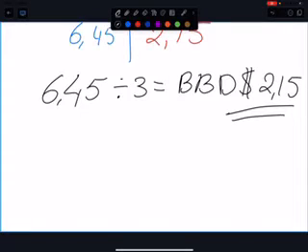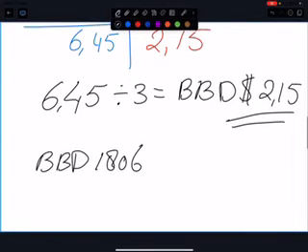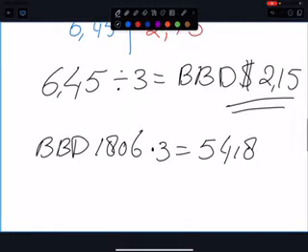So you have your Barbados dollars, which is 1806. The first thing is you go to Trinidad and Tobago dollars. The first step you do, you multiply with 3. That answer becomes 5418. And then you're going from Trinidad and Tobago dollars to regular dollars.